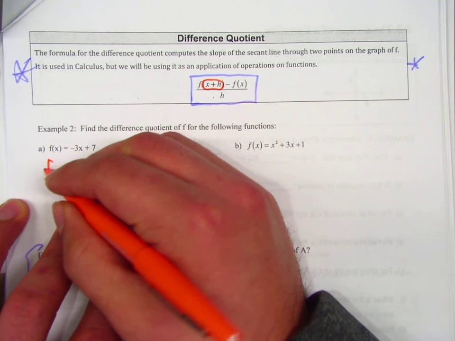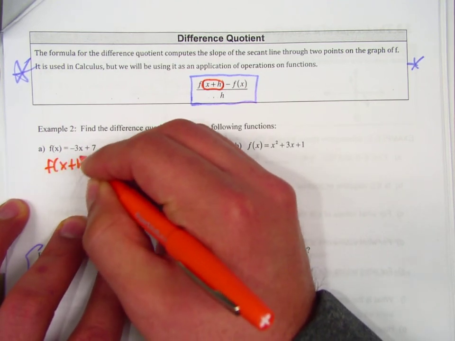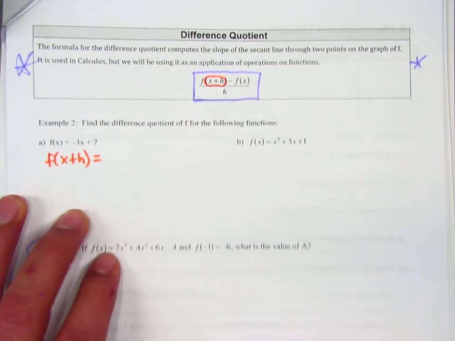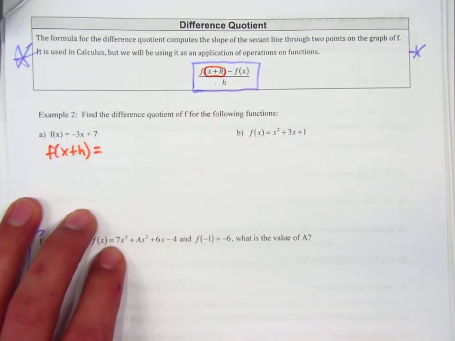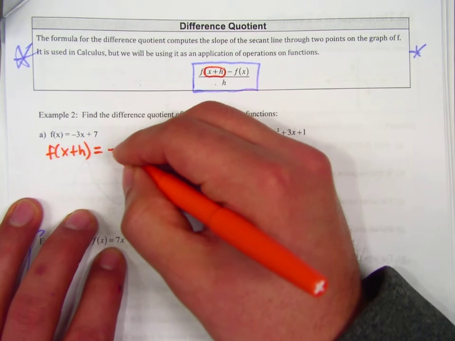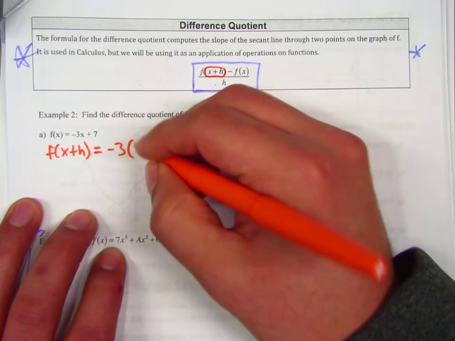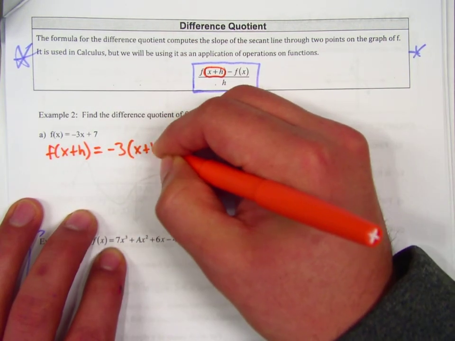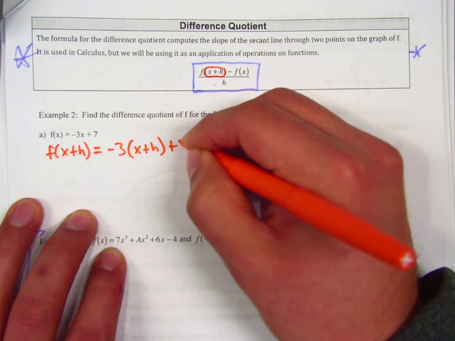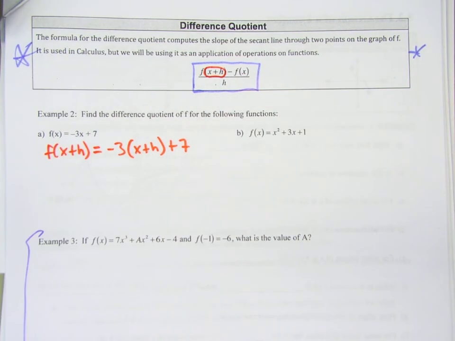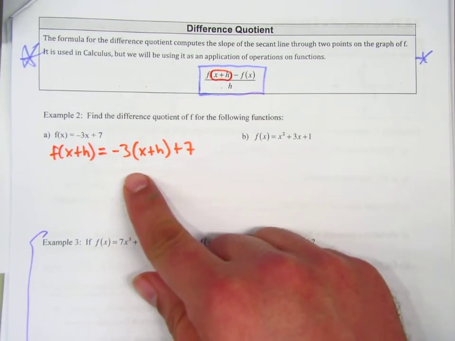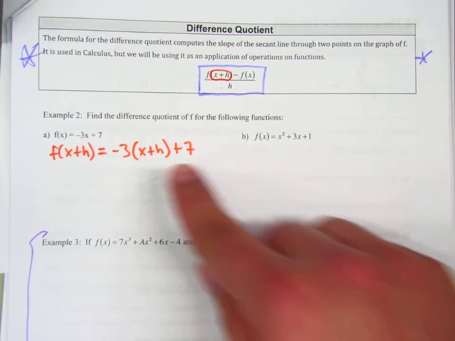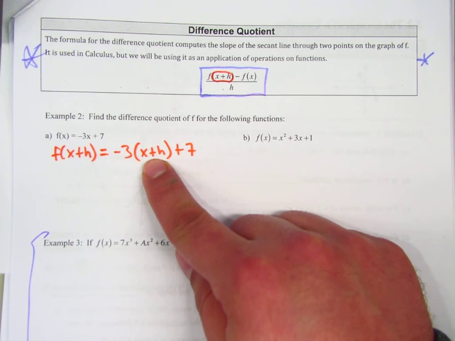So for example here, let me just write that out first. f of x plus h is going to be -3 times x plus h plus 7. Okay, do you guys see where that's coming from? I'm just putting in x plus h instead of using the x.